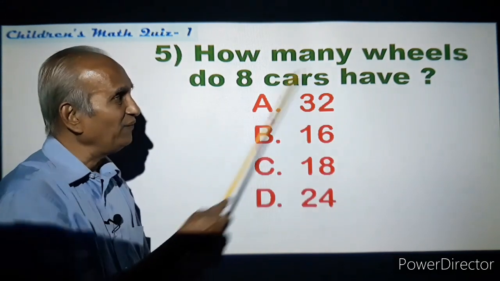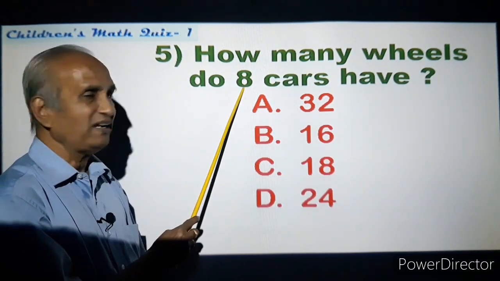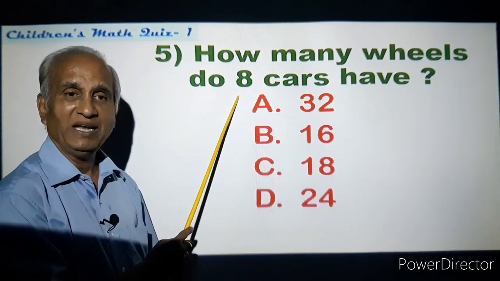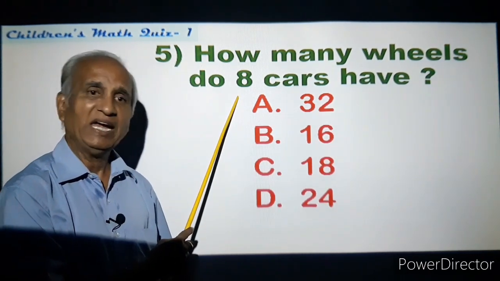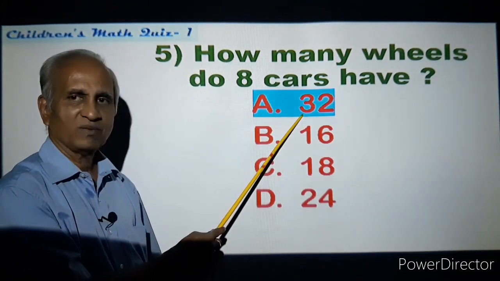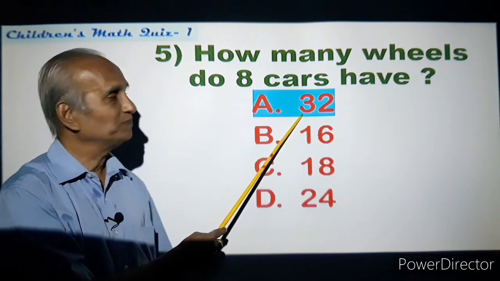So that's not been given. You know it. We assume. So 8 into 4. One car has 4. How many wheels do 8 cars have? 8 into 4. It is 32. You should be good at maths tables.